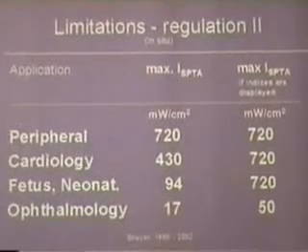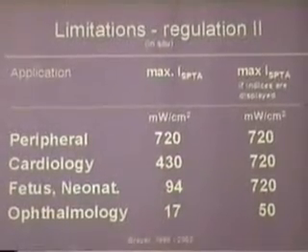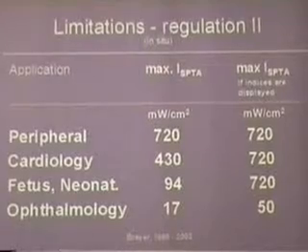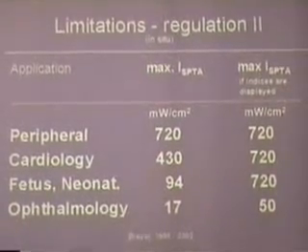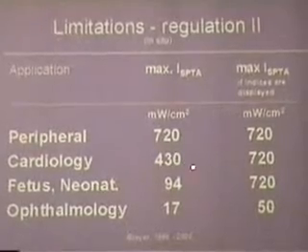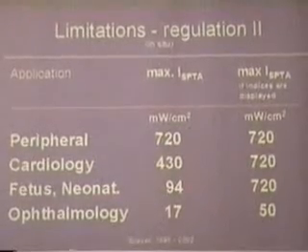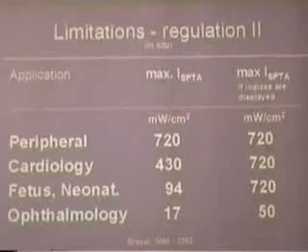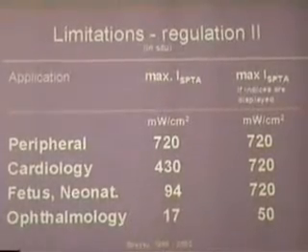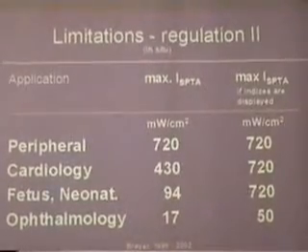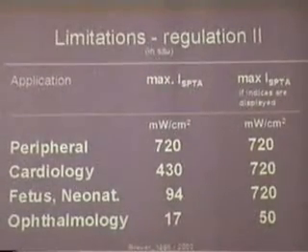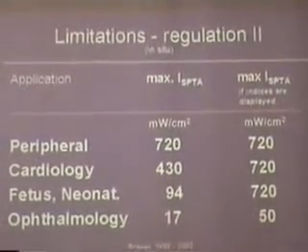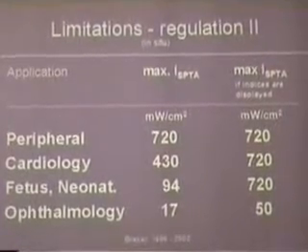On the other hand, if a machine does not show all these parameters on screen, then you may have, for obstetrical applications, less than 94 milliwatts per square centimeter. That's a regulation. It's a strange table, this one, if you think of it. It's very, very strange.